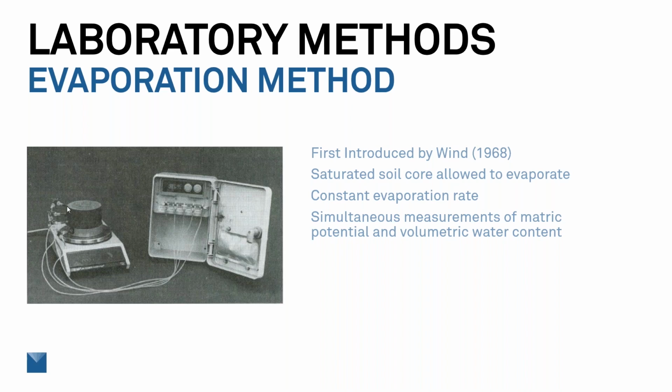With this original setup they have here, you can see they actually have 4 tensiometers embedded in the core measuring the change in water potential as the core is drying. As you can imagine, that's quite a bit of setup to get all of these tensiometers embedded in the soil core.